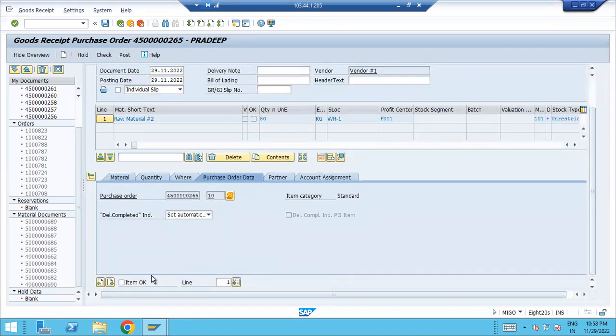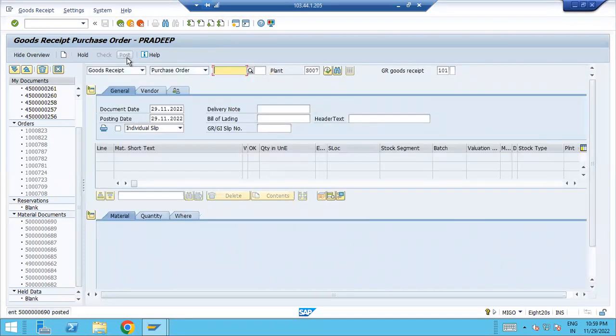So everything fine, item okay. Document posted. Now with reference to this, let's see the accounting documents.